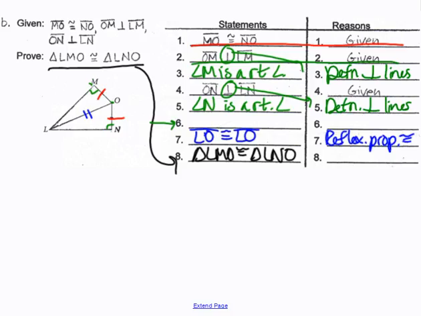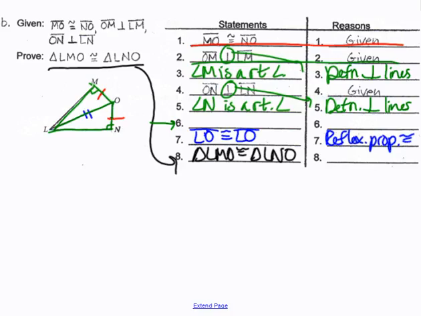And now I'm going to go back to step 6. And if I look at it, it would be ASS. So that's not one of my congruence choices. So if I look at this, I have a leg that's in red and a hypotenuse that's in blue.